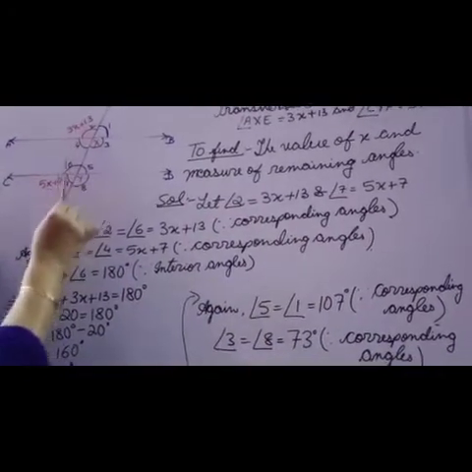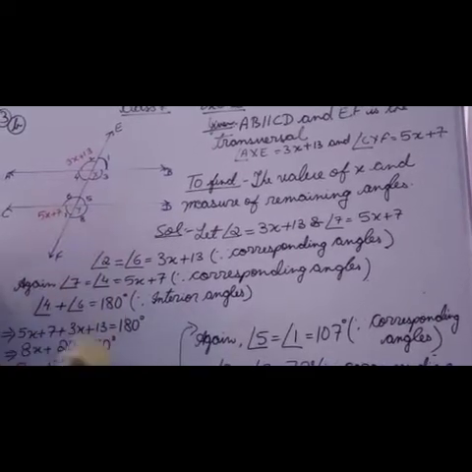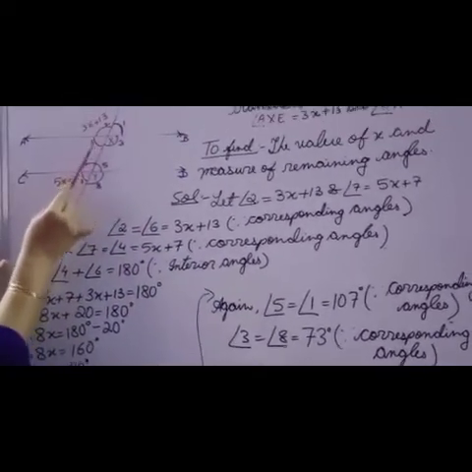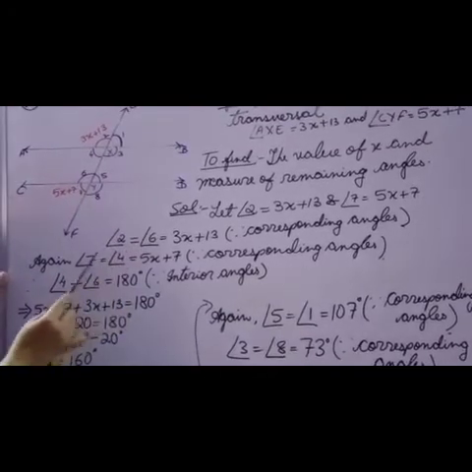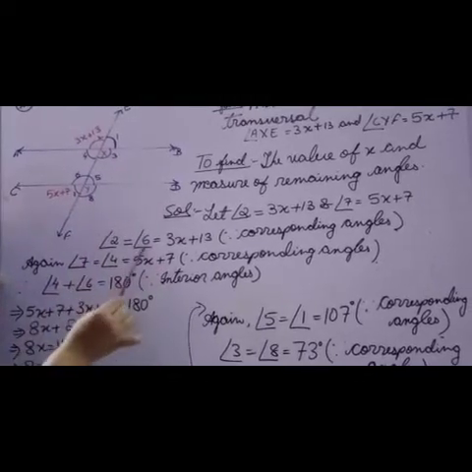So what is given to us will be very helpful to find out the measure of all the angles. Now we have found out angle 4 and angle 6. So angle 4 is equals to 5x plus 7 and angle 6 is equals to 3x plus 13.